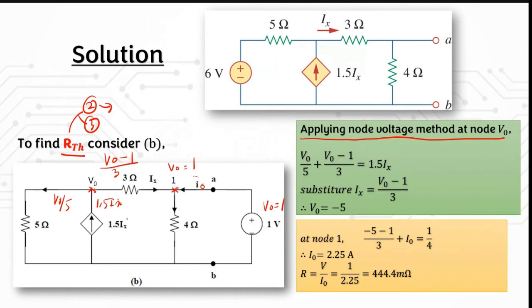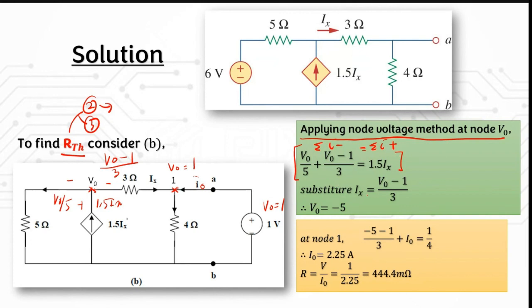Then put it into the summation of the negative currents equal to the summation of the positive currents. You can just put it here and then simplify.